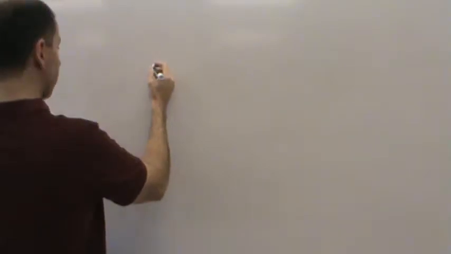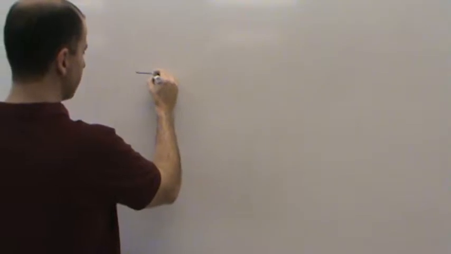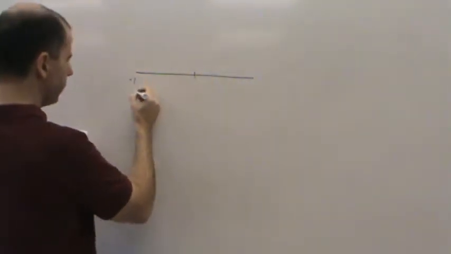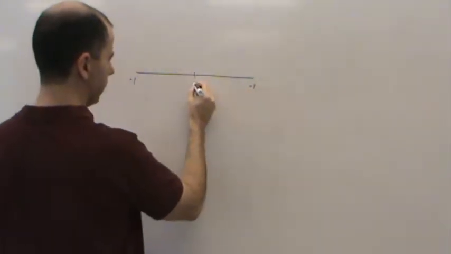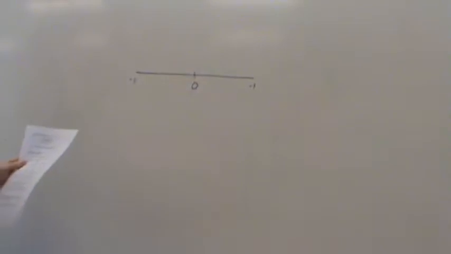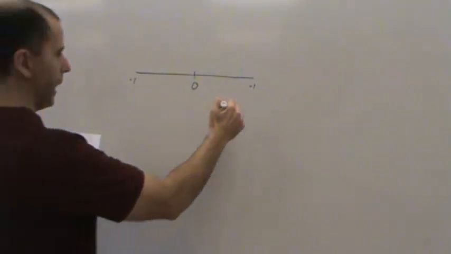One of the things is that the correlation coefficient is on a scale. It goes from -1 to +1 and anything in between, including 0. So R is on this scale of values from -1 to +1.